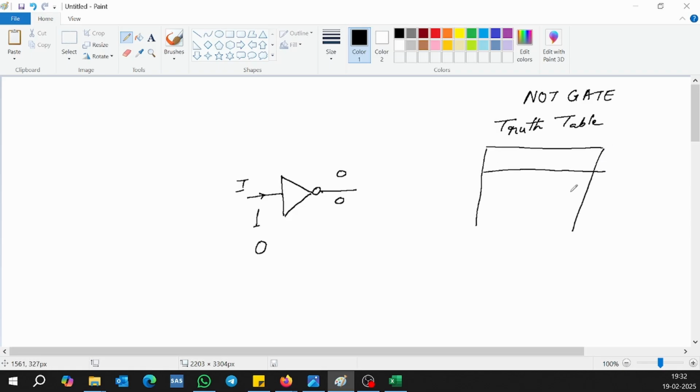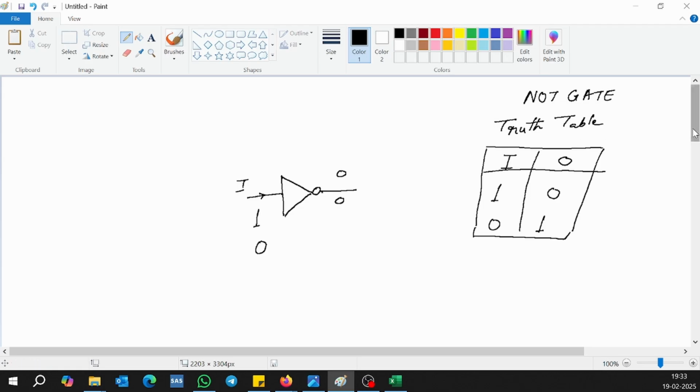This is the input, this is the output. In the case of a NOT gate, when the input is 1, the output is 0, and when the input is 0, the output is 1. That is all the function of a NOT gate. Whatever signal is coming in, the NOT gate will just reverse it. Understood? Whatever signal is coming in, the NOT gate will reverse it.